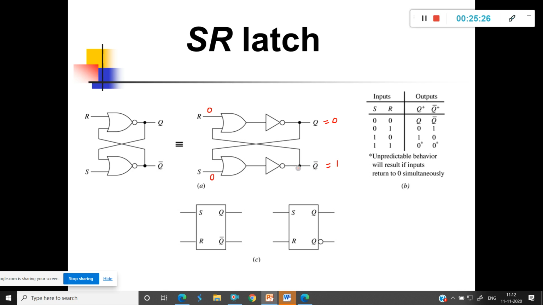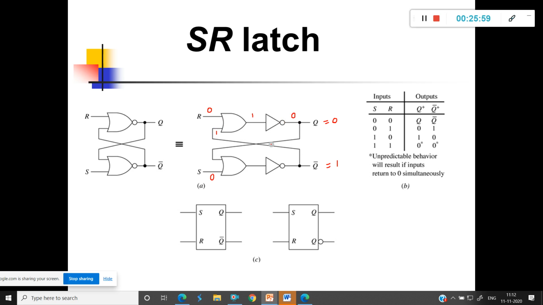This Q bar, the output of the second NOT gate, is connected back to the input of the first OR gate. So what is this value? It is 1, so 1 will come here. 0 or 1, what will I get? 1. This 1 acts as an input to this NOT gate. So the output of this NOT gate is 0.